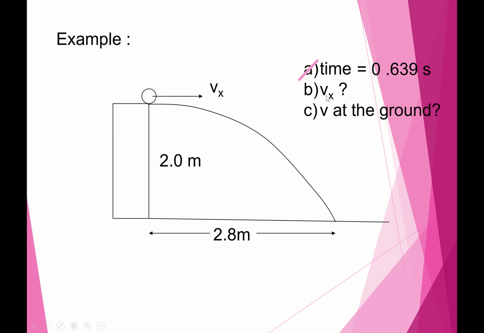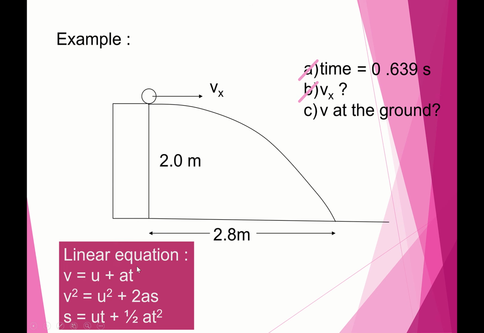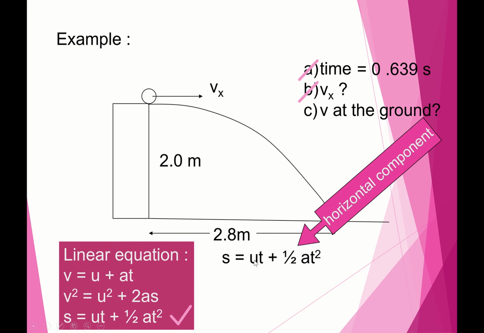To determine the horizontal velocity Vx, from these three linear equations, which one is the best to use? The most suitable is the third equation. Why do we choose this? Because u is the initial velocity, so we choose the horizontal component.